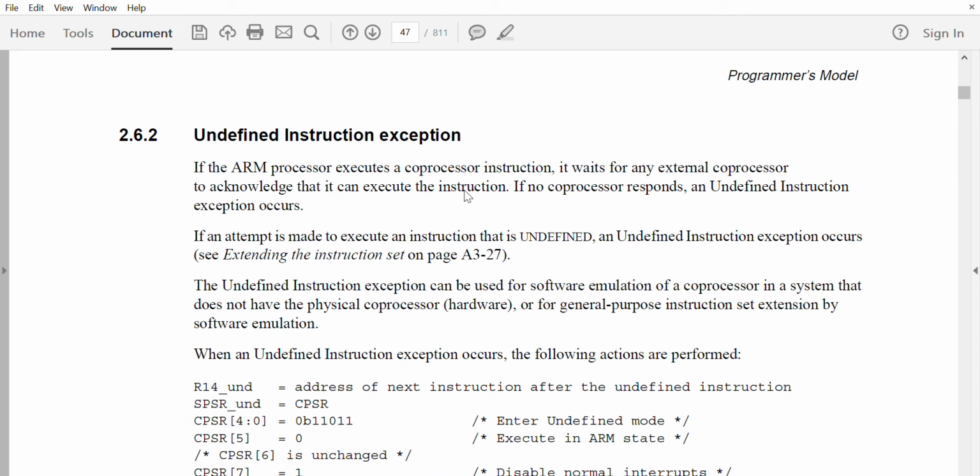So the coprocessor should allow the ARM processor to execute its instruction. The coprocessor has a set of instructions, ARM has another set of instructions, and ARM is trying to execute the instruction of the coprocessor. So the coprocessor should allow the ARM processor to do this.